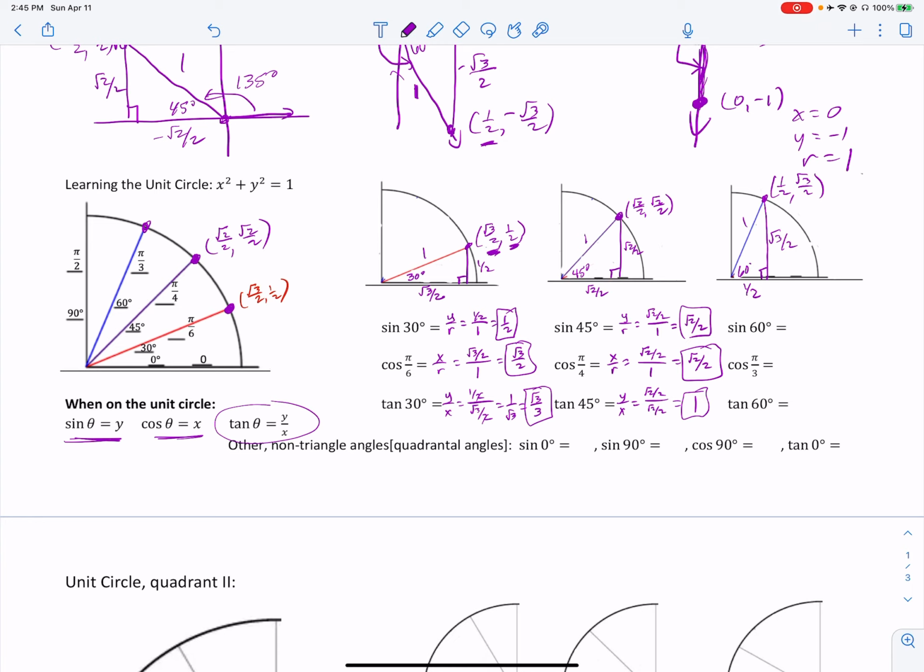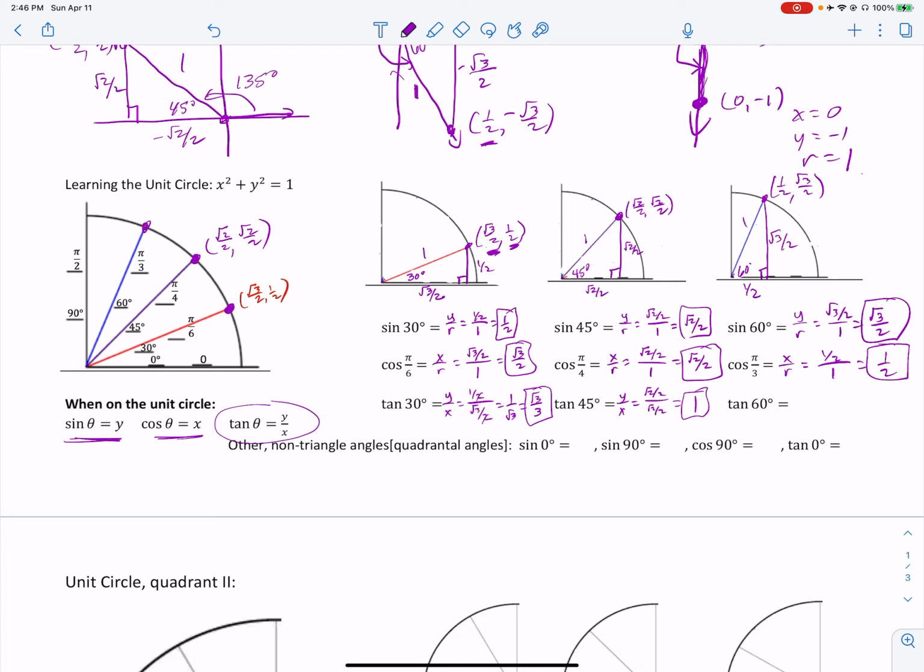And so the sine of 60 degrees is your y over your r. It is root 3 over 2 over 1, which is just going to be the y value at that point. The cosine is x over r, which is 1/2 over 1, which is then just the x value of that ordered pair.